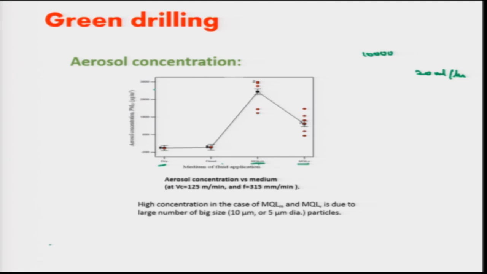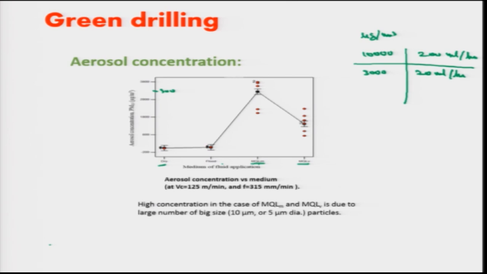We have obtained the maximum value here at around 3000 micrograms per meter cube aerosol concentration at 20 milliliter per hour, and at 200 milliliter per hour in the trial experiment it was around 10,000. So this is the high flow rate that reaches up to this level.